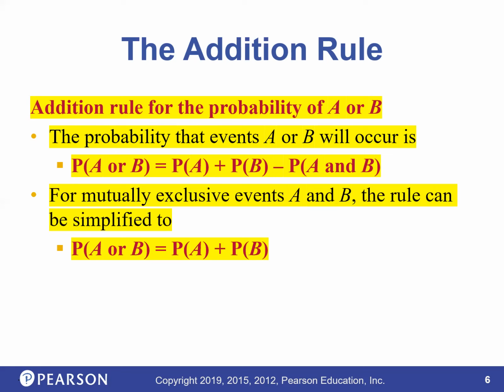So this one actually kind of works backwards and forwards. You can find out if something is a mutually exclusive event if things add up correctly. You find out if something is a non-mutually exclusive event if things don't add up well, or you have this little overlap that you're not accounting for.